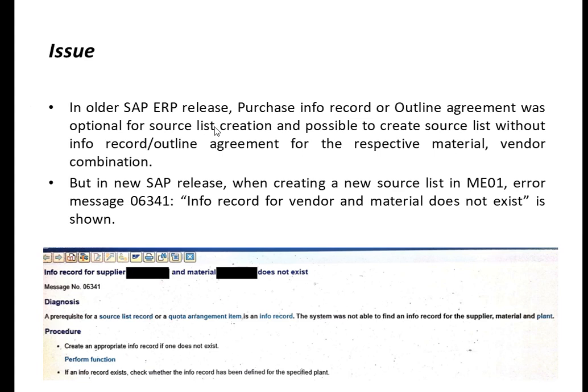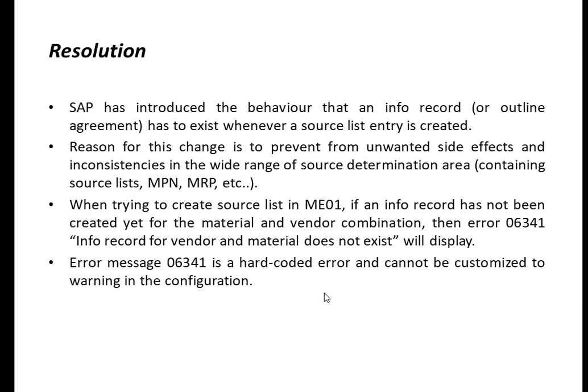We will get this type of error if the info record or outline agreement does not exist for that material vendor combination.